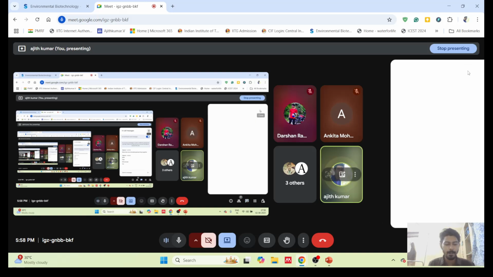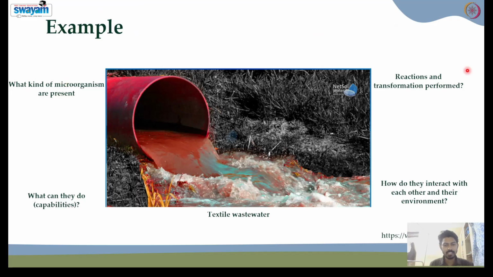Yes. So the basic technique is we will be collecting the sample and performing serial dilution so that we could understand what are all the different types of microorganisms present in this ecosystem. And then once we have found out what are all the microorganisms present in textile wastewater, the next question is what they can do.